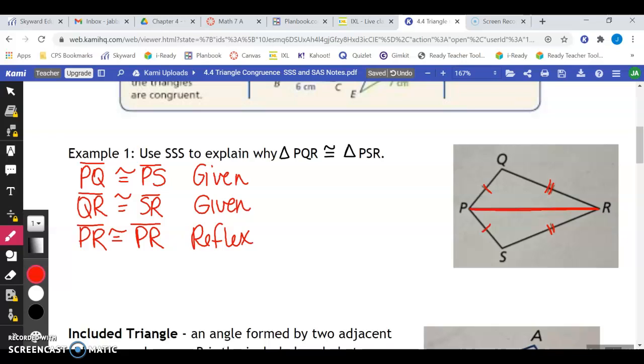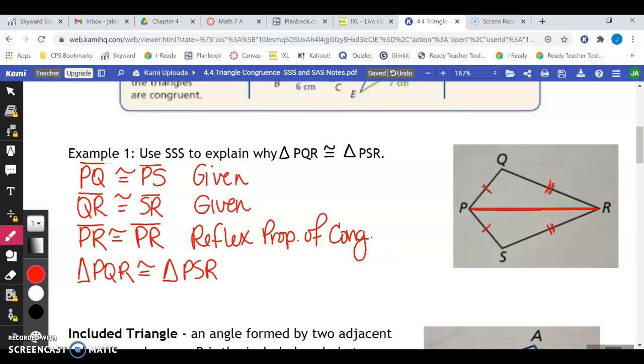So because this line is the same line on both triangles, we can say because of the reflexive property of congruence that those are the same. And now we have all three sides of the triangle proven that they're congruent, so that we can now say that triangle PQR is congruent to triangle PSR due to the side, side, side postulate.